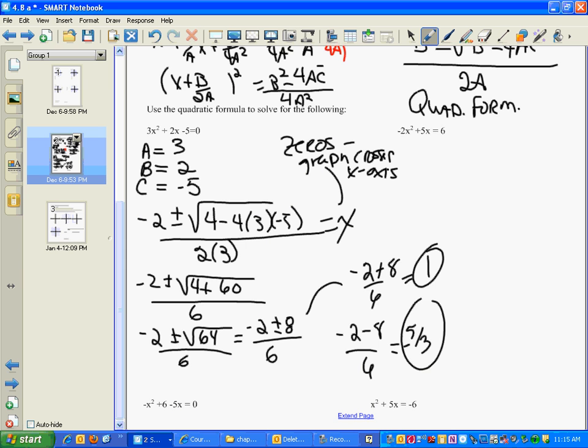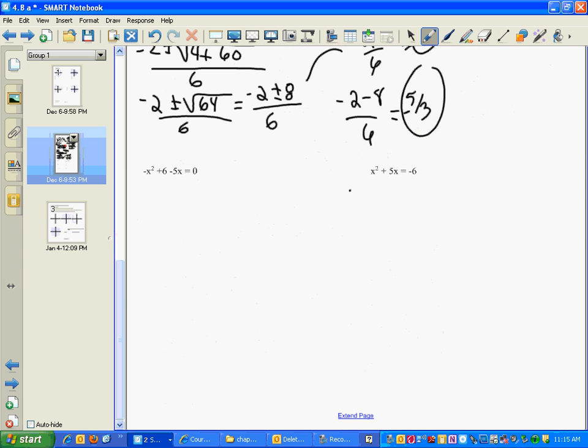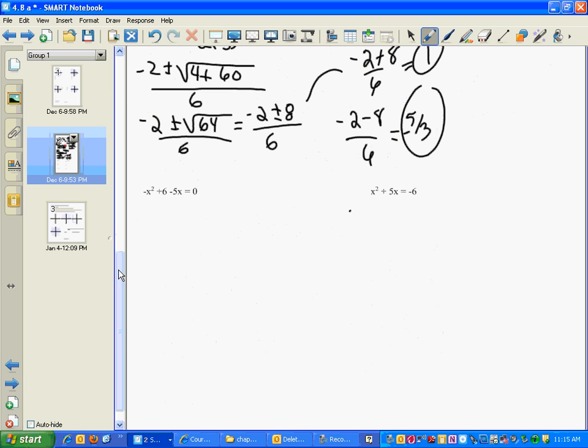All right? I'm just going to have you do one on your own. I think you guys probably are okay with this quadratic formula. Would you do, please, this one right here?